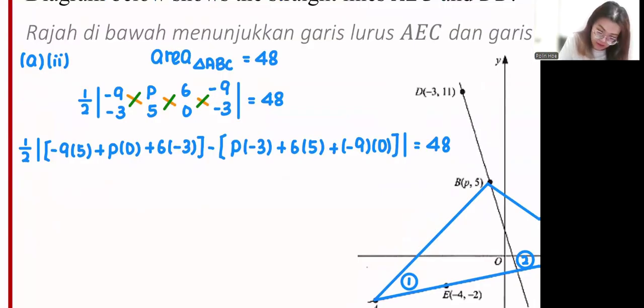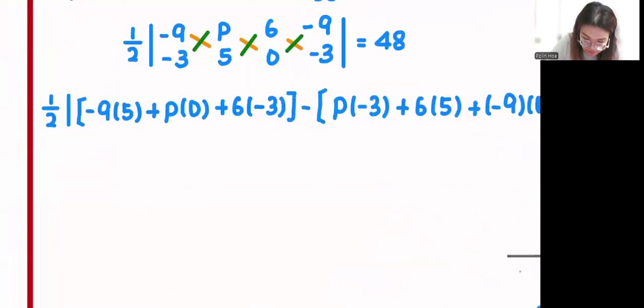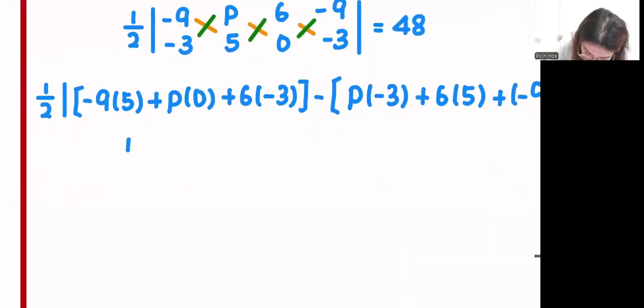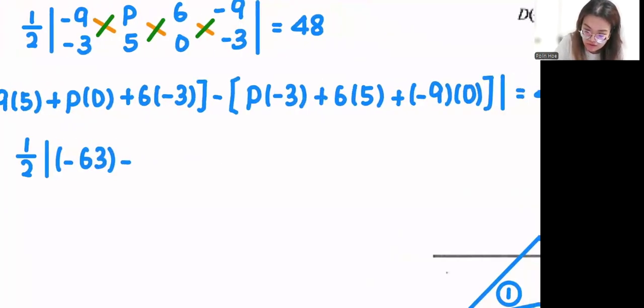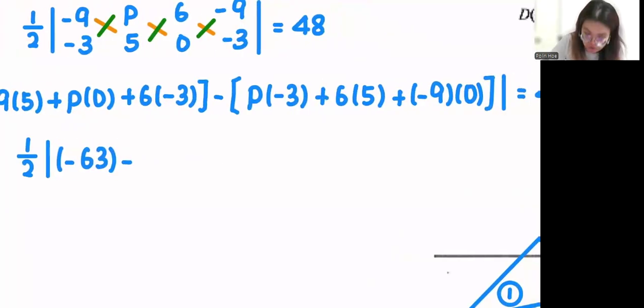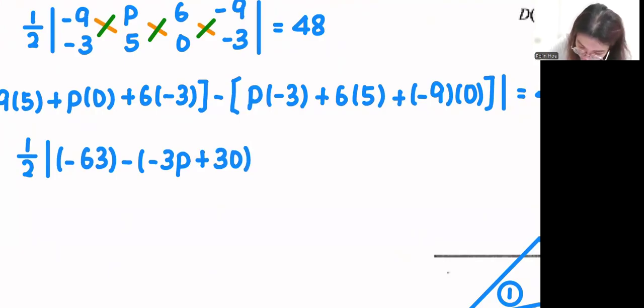So I have -9 multiplied by 5 plus 6 multiplied by -3, I get -63. The first one is -63. 1 over 2. First part is -63 minus 30 minus 3p. Which is -3p plus 30, close bracket.